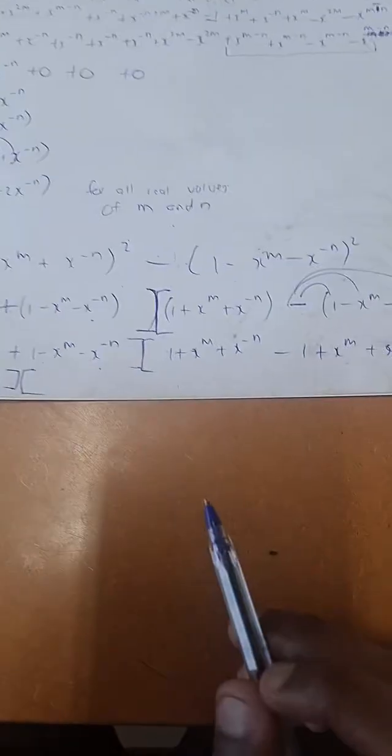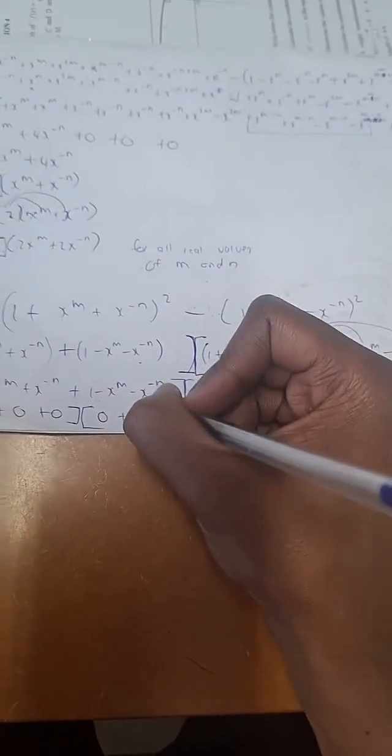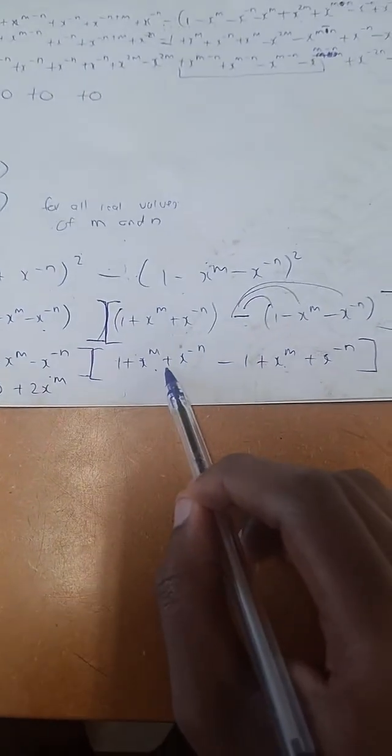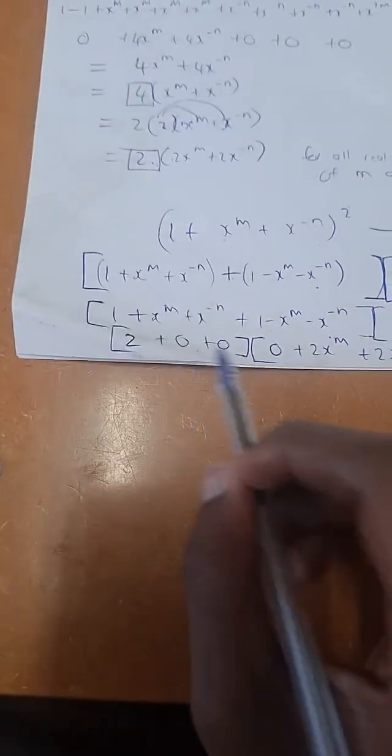What about my second bracket? 1 minus 1 is 0. x to the power m plus x to the power m is 2x to the power m. x to the power negative n plus x to the power negative n is plus 2x to the power negative n. Then, what's 2 plus 0 plus 0?